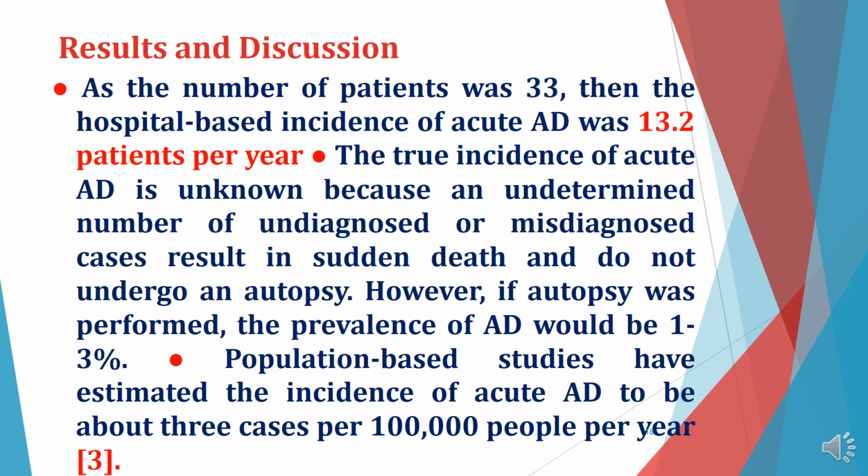However, if autopsy was performed, the prevalence of aortic dissection would be 1 to 3%. Population-based studies have estimated the incidence of acute aortic dissection to be about 3 cases per 100,000 people per year.